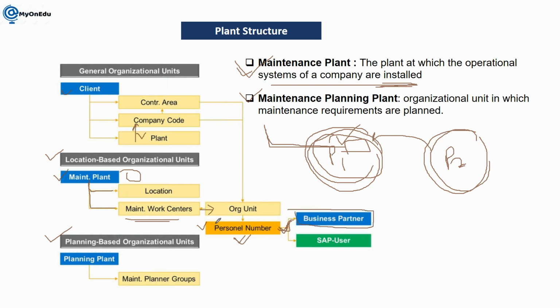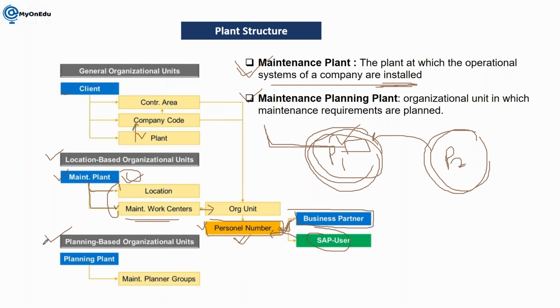And the same HR ID, which is your personnel number, can be used here. You can assign your SAP user ID to your personnel number. This is the correct synchronization. So whenever you need any resource to perform the maintenance activity on the maintenance equipment, you just select a resource with reference to your maintenance work center and assign it to the operation.